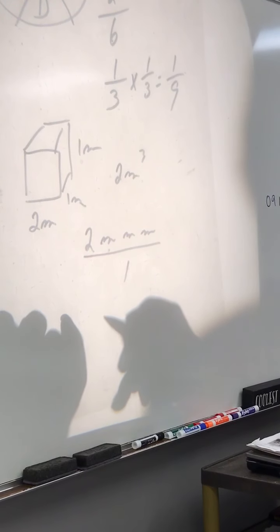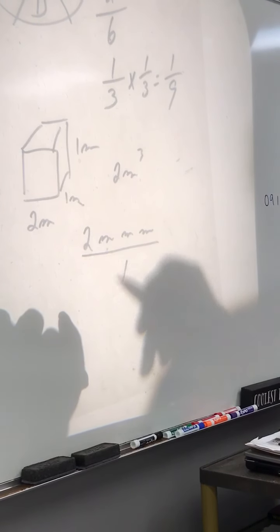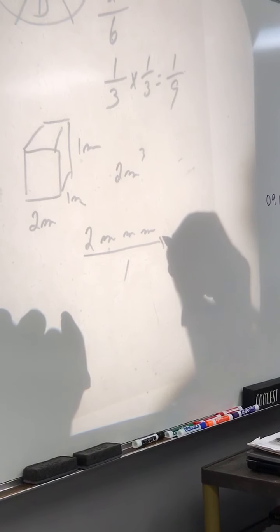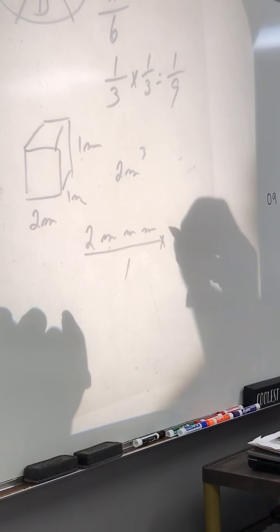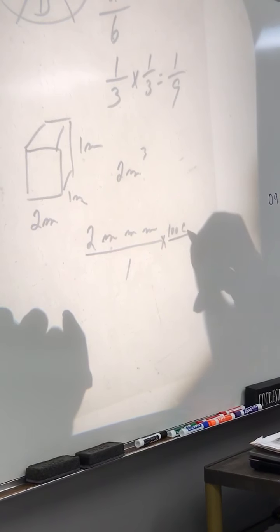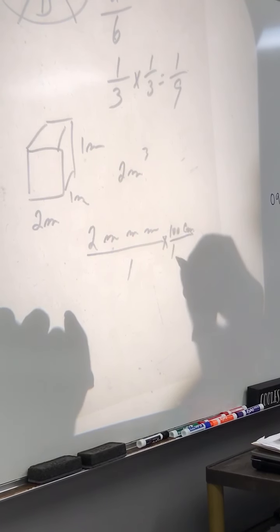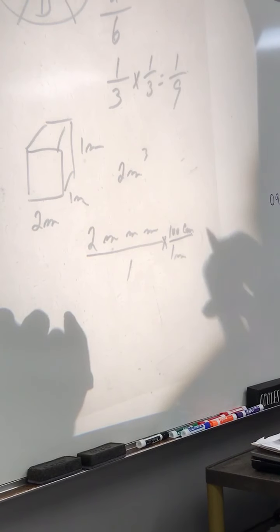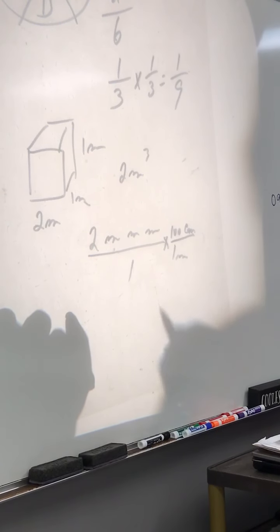Now we know that there are 100 centimeters in a meter, so we're going to have to multiply, and we're going to put 100 centimeters over 1 meter, so that meters and meters will cancel.